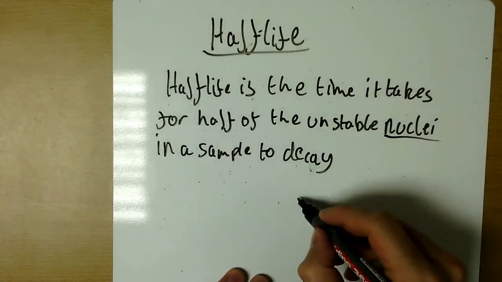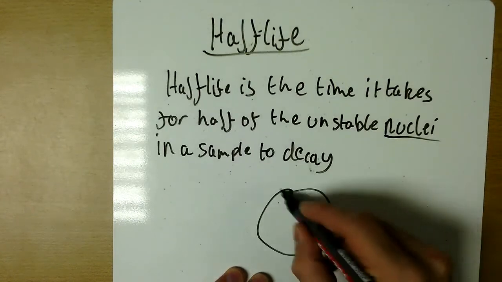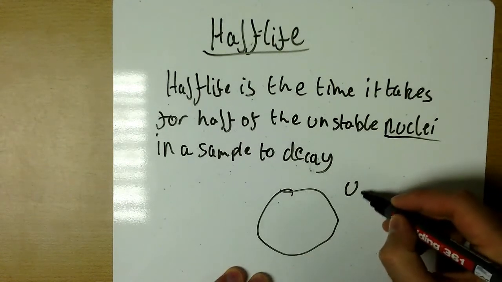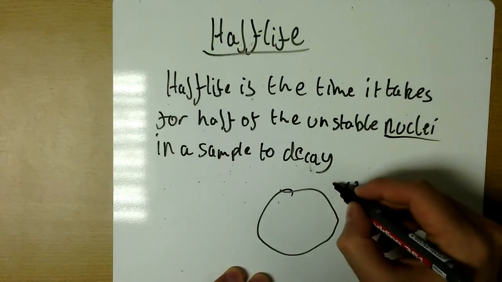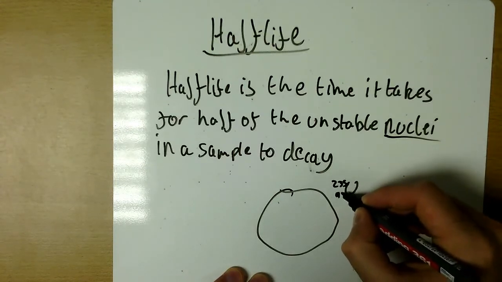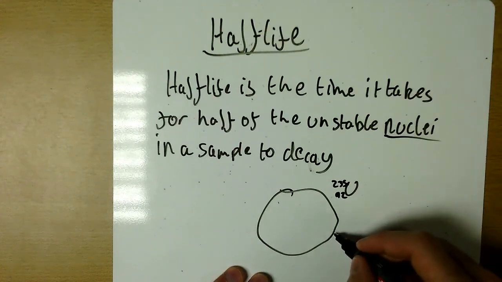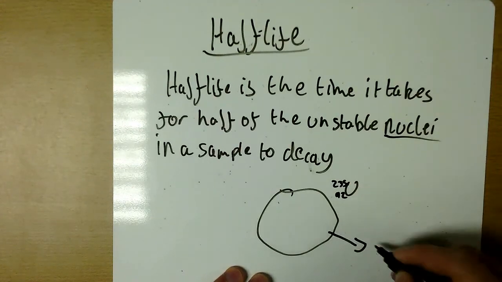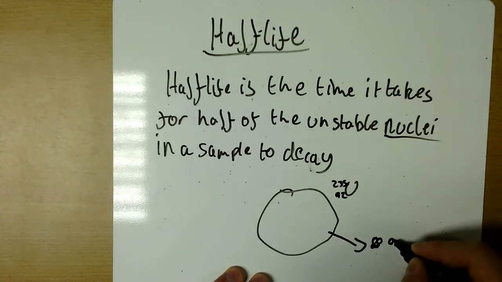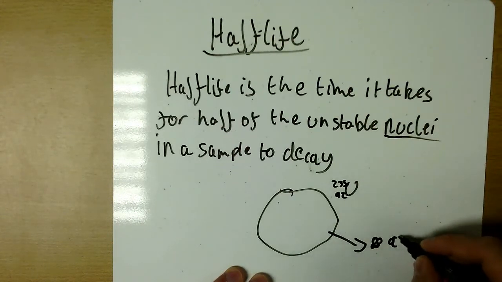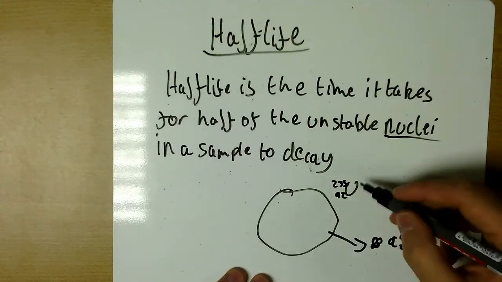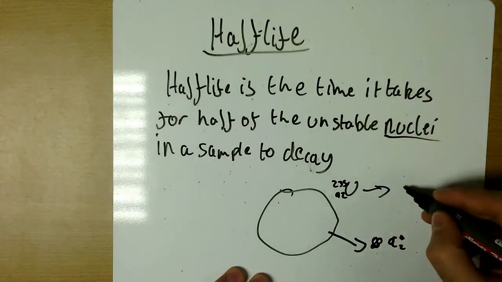So if you've got a really big atom like uranium-235, 92, it's really big, it's really heavy. If it gives out an alpha particle with a mass of 4 and an atomic number of 2, then it is going to become a different element.